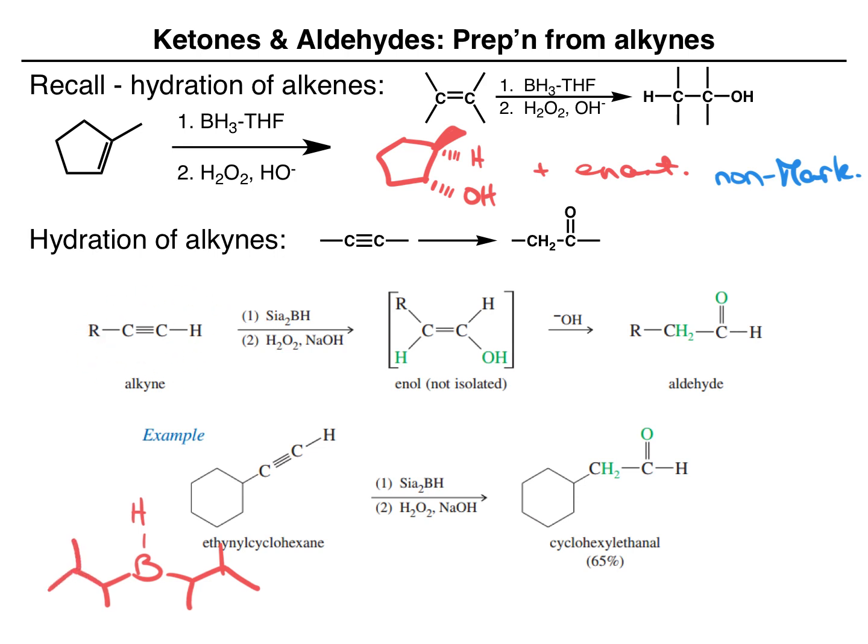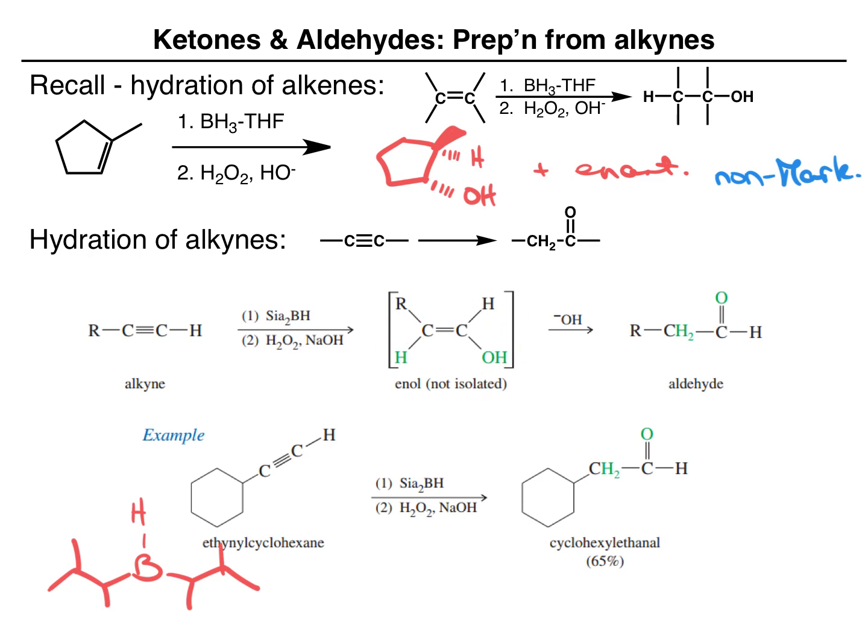So treatment of an alkyne with disiamylborane followed by hydrogen peroxide and hydroxide leads to the formation of the enol, but in this case it is the non-Markovnikov addition. The OH becomes connected to the less substituted carbon, and the hydrogen becomes connected to the more substituted carbon.